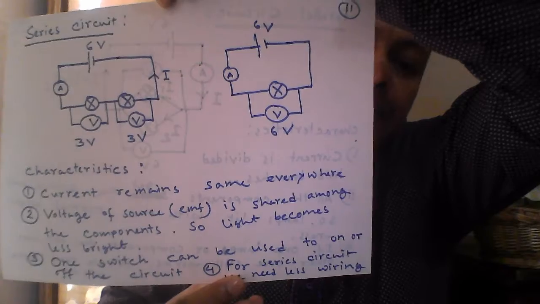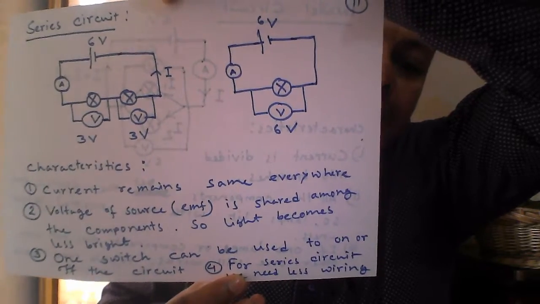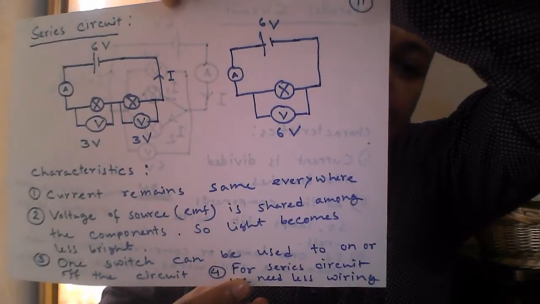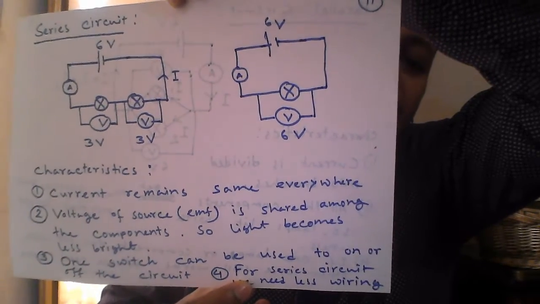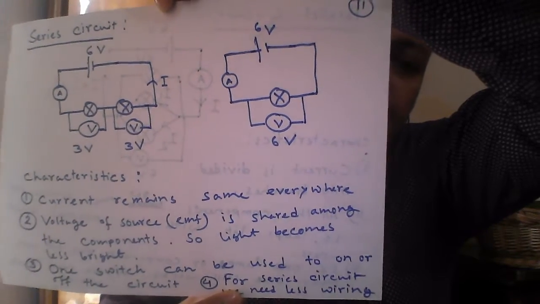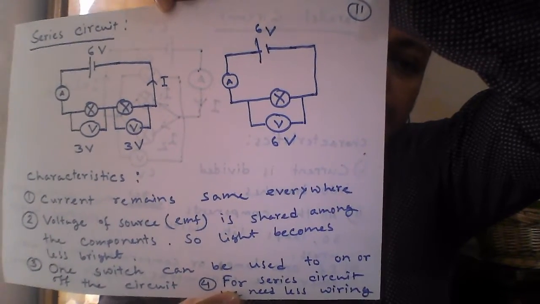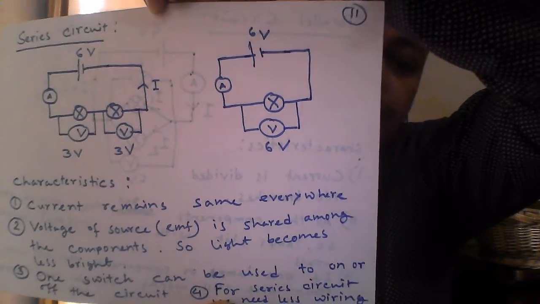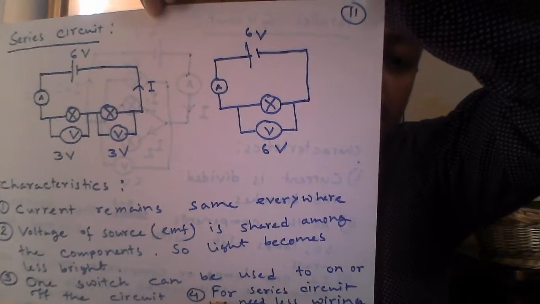Look at the first point. Current remains same everywhere. We are getting only a single path for electrons to pass from positive to negative terminal. That's why current is not divided.